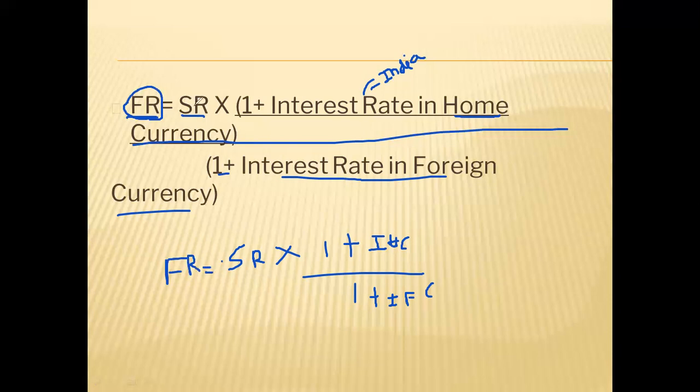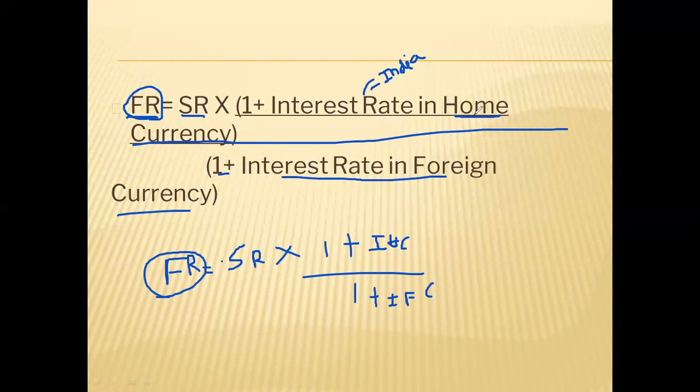Spot rate will be given to you. This is the actual rate which you can get from the market. Take the interest rate in India divided by the interest rate in USA, and you will get the forward rate. How many months forward rate do you want to make? Accordingly, you will have to change the number of months here.